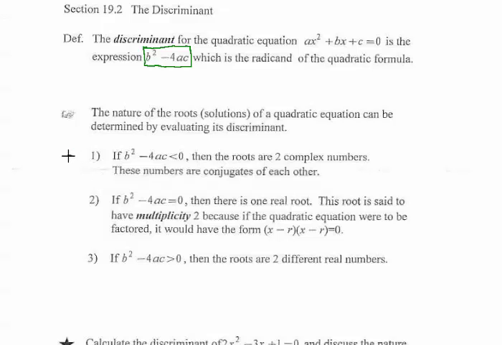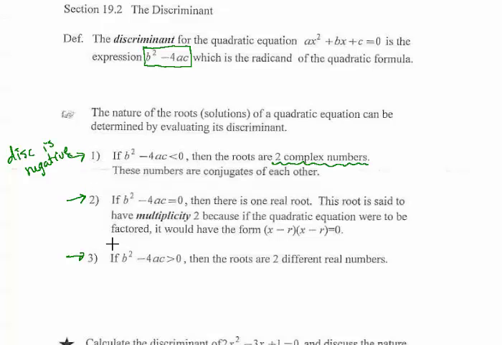There are 3 different scenarios that can play out when you're solving a quadratic equation. In the first, the discriminant is less than 0, is negative. Any negative number for a discriminant results in getting 2 complex solutions.